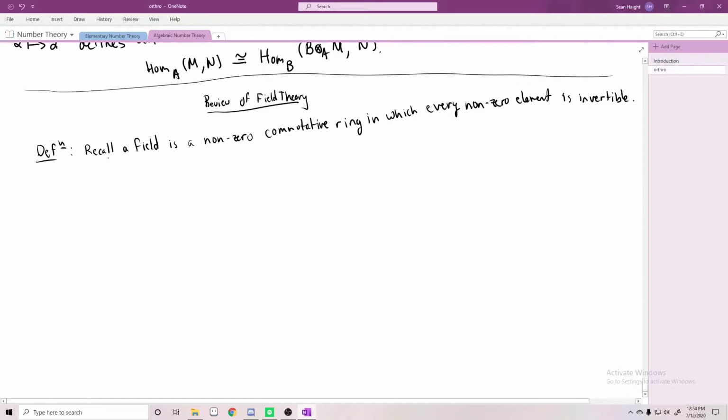Okay, so this is what a field is. Tell you what field extensions are.